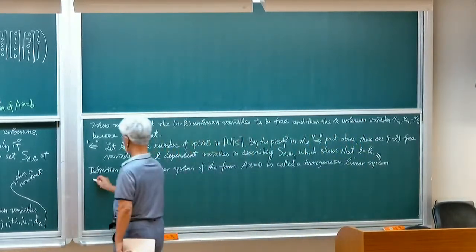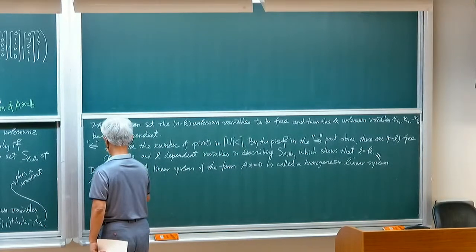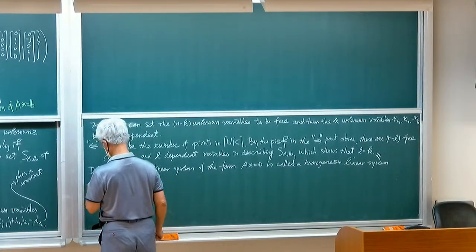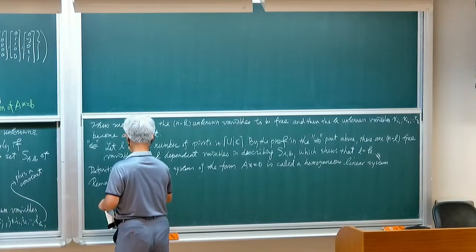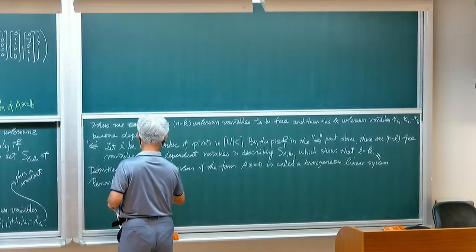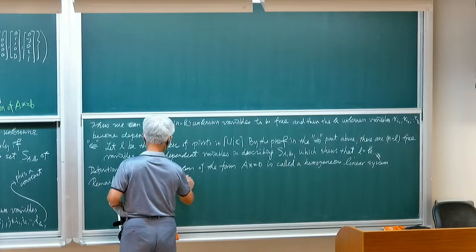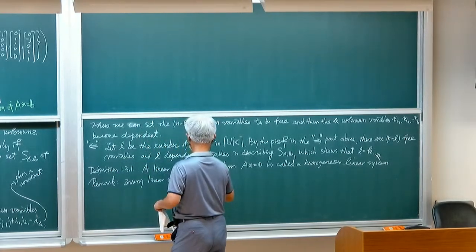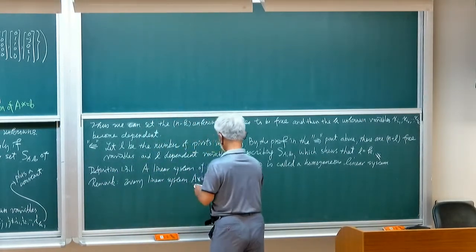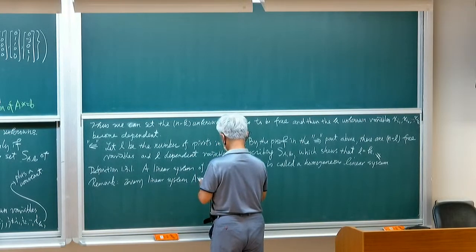Okay, a short remark is that every linear system AX equal to B has a corresponding homogeneous linear system.